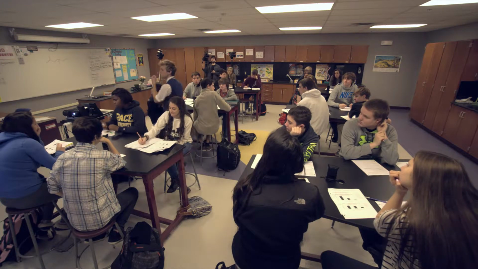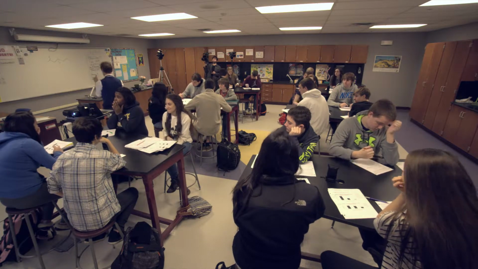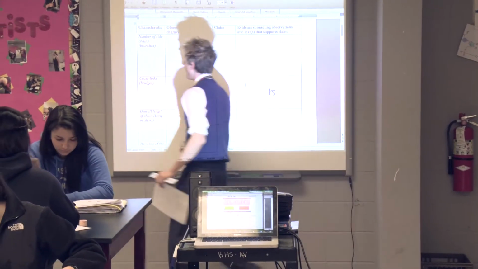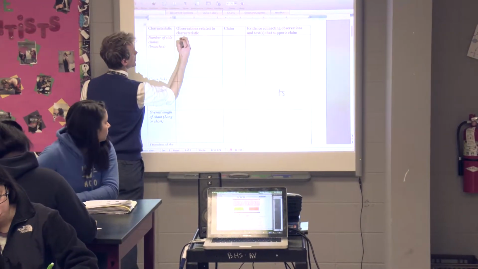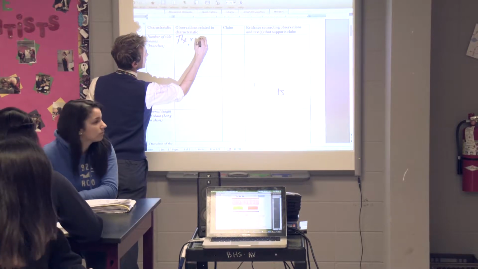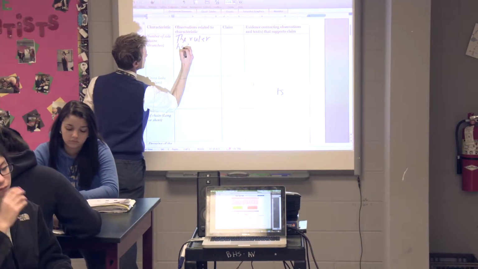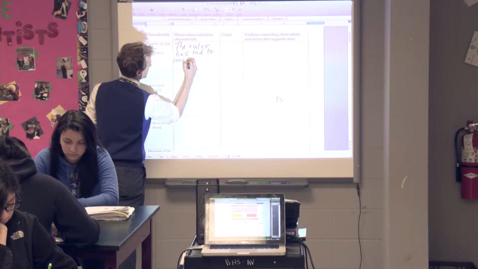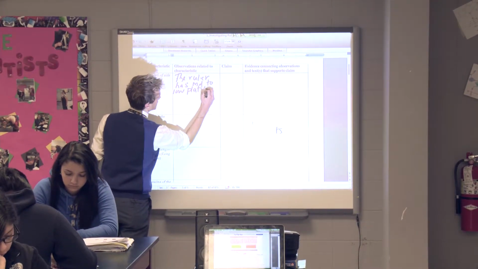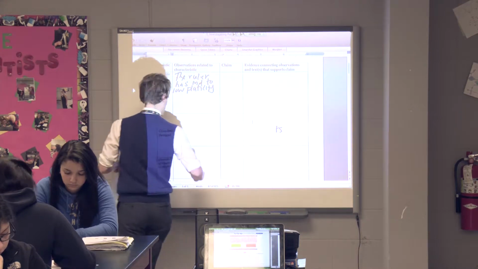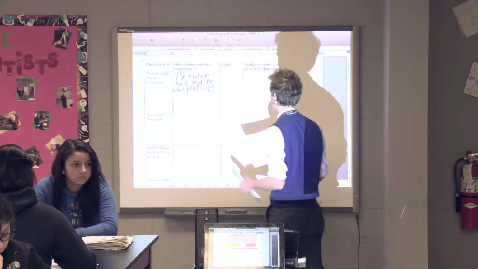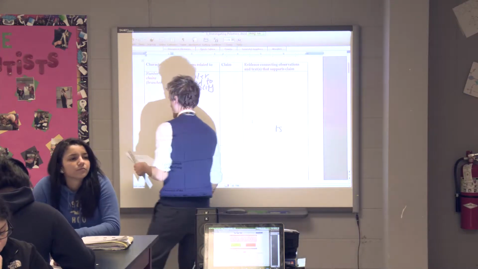Okay, so let's put medium to low plasticity for our observations. So the ruler has medium to low plasticity. Okay. All right, whoops, I forgot my S in there.